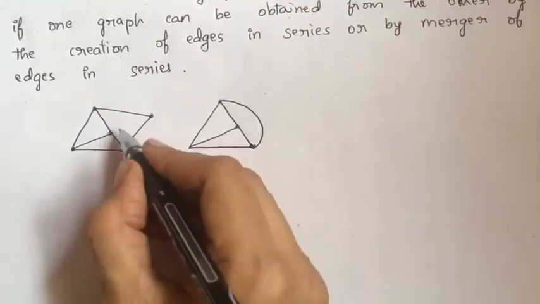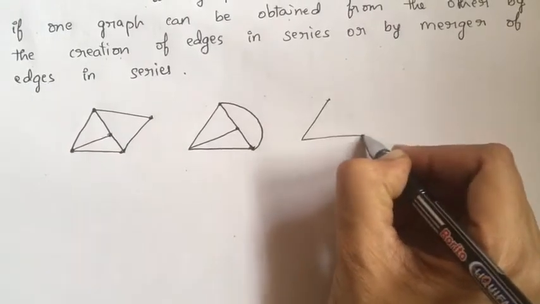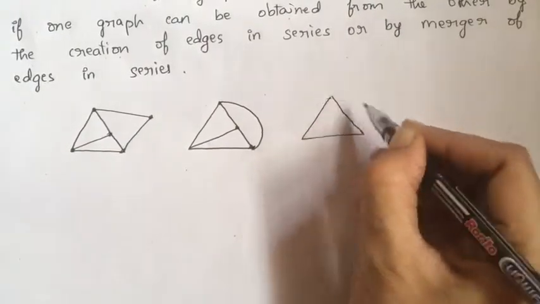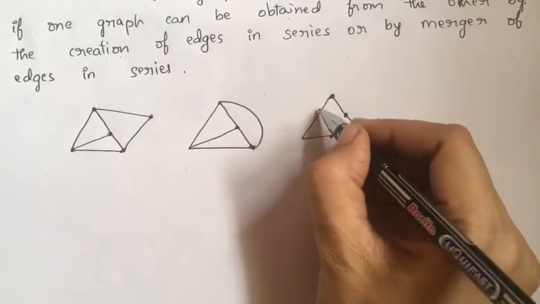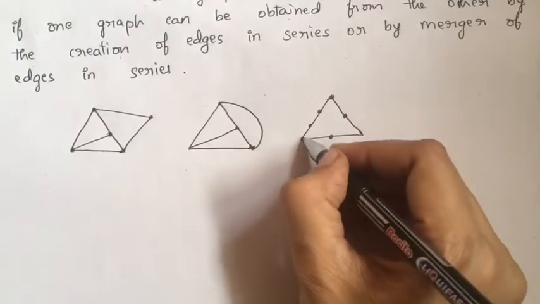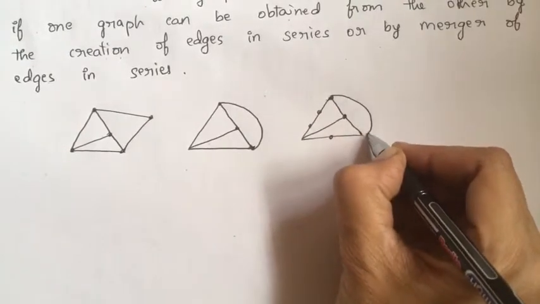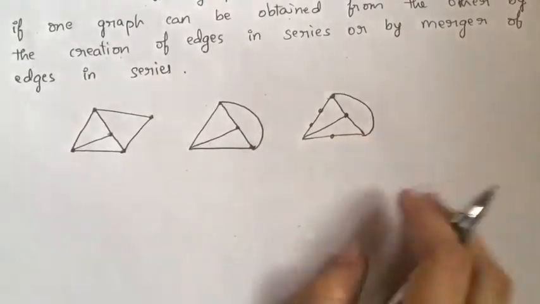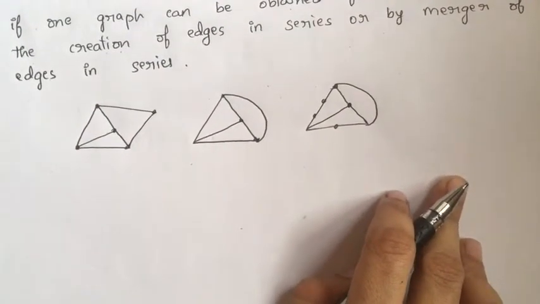And one more, if I put one more vertex over here or here, I add a vertex of degree 2. Now these three graphs are homeomorphic graphs.